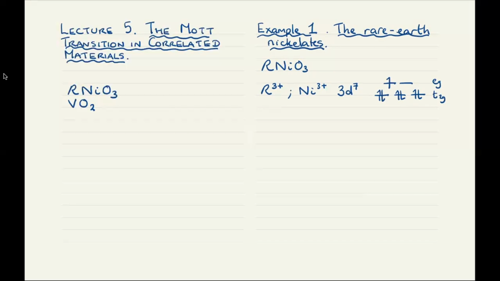We see immediately that the band that forms from the eg orbitals is partially filled, and so we'd expect it to be a metal, but we also see that it's singly occupied, and so we might expect, for example, a Jahn-Teller transition to lift the degeneracy of this band and cause it to be insulating.